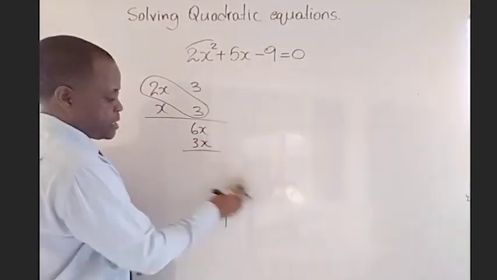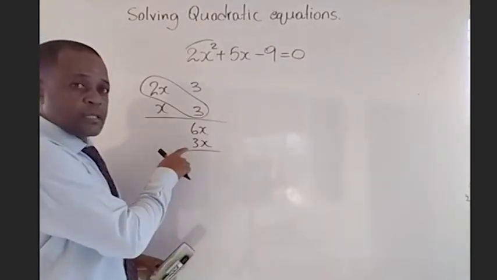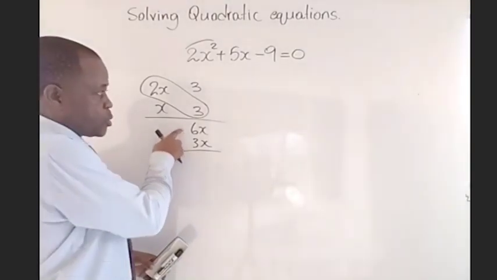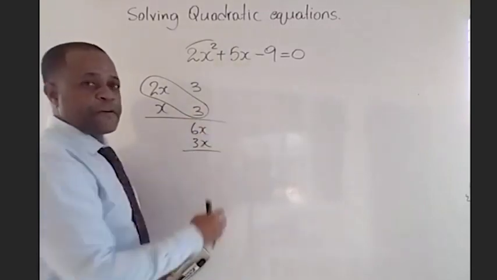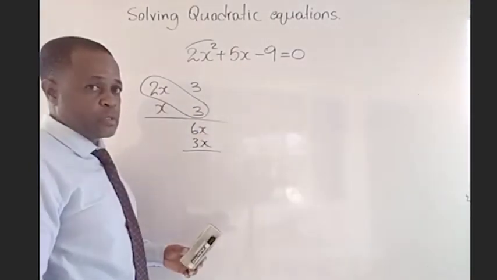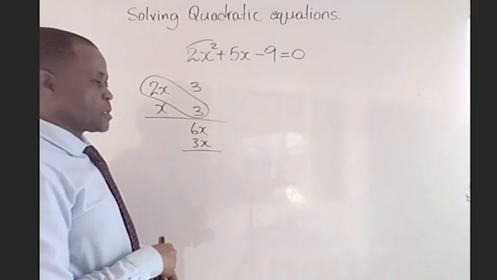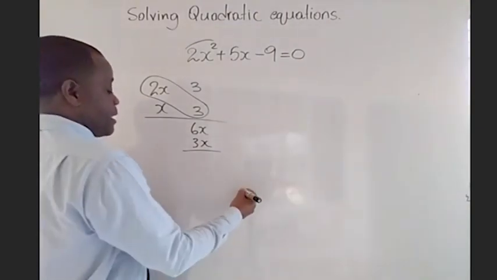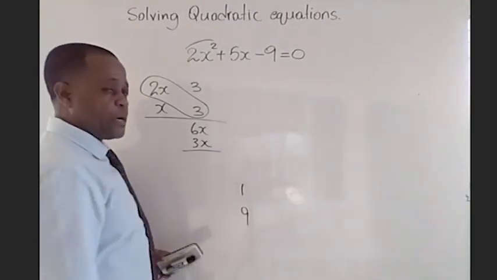Now, if you notice here, there is nothing that I can do with these two numbers to get 5x. All right, so what should we do then? Let's try 1 and 9.